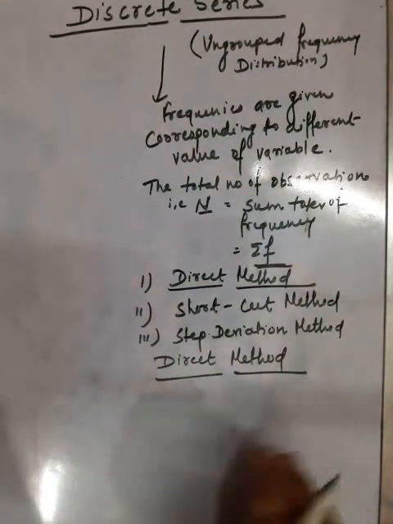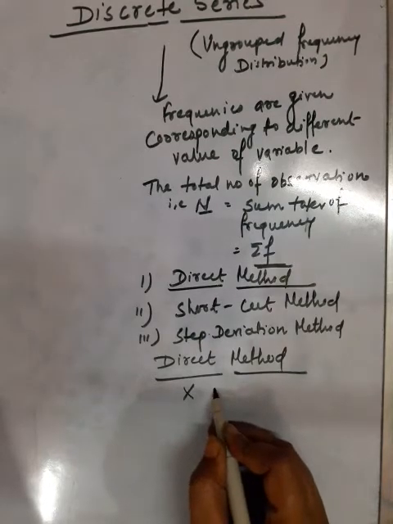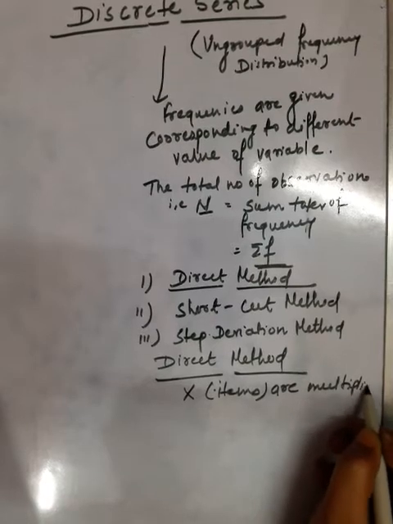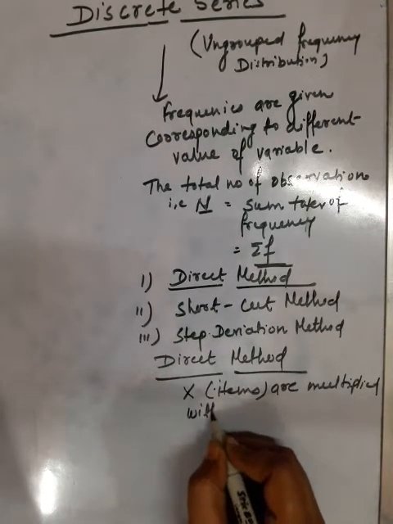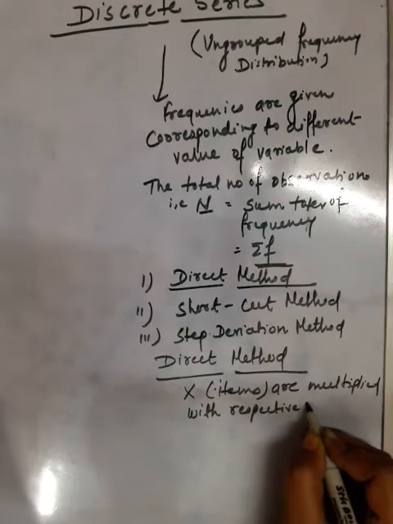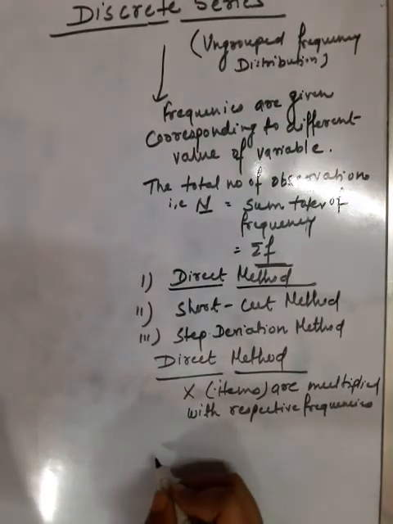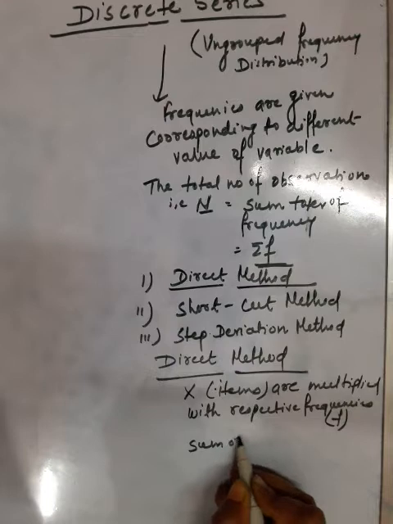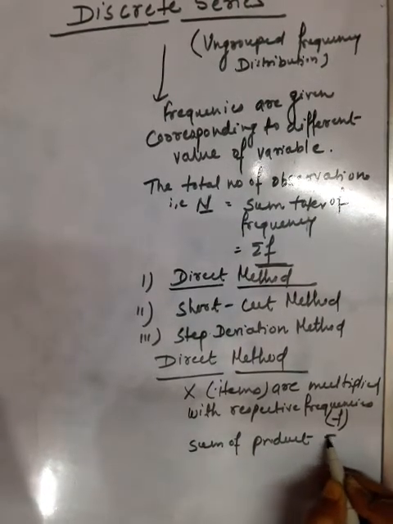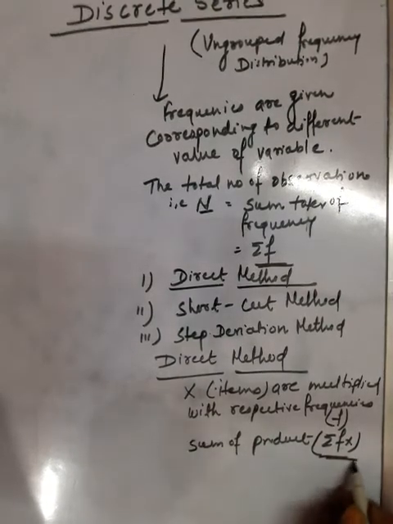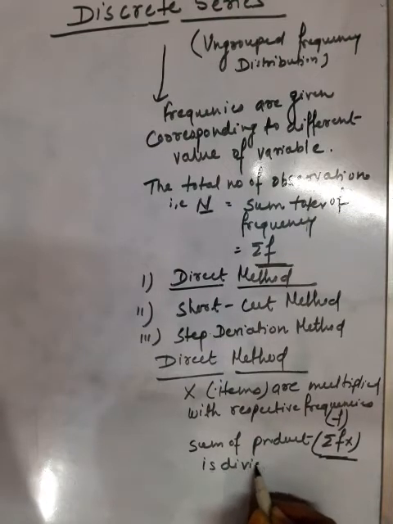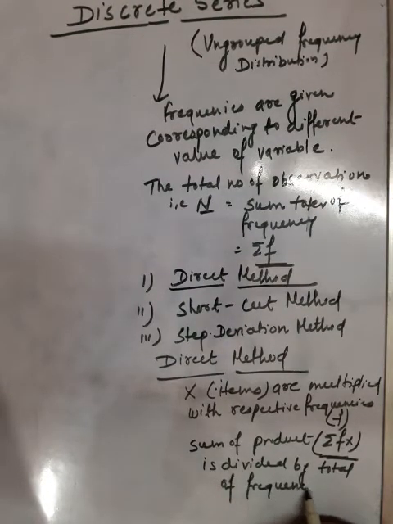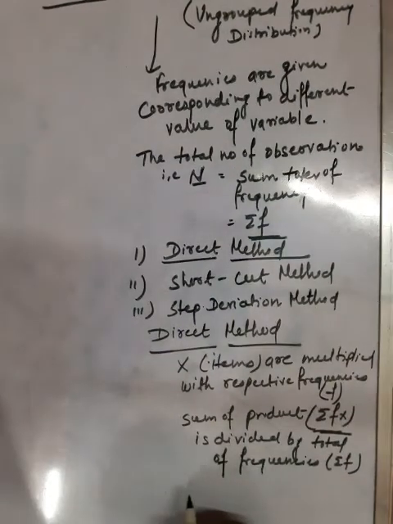In direct method, various items, that is x, are multiplied with respective frequencies, that is f, and the sum of products, that is summation of fx, is divided by total of frequencies, that is summation of f, to determine simple arithmetic mean.